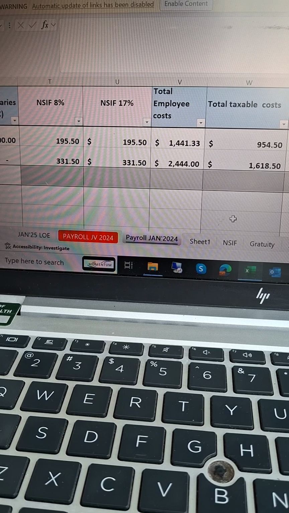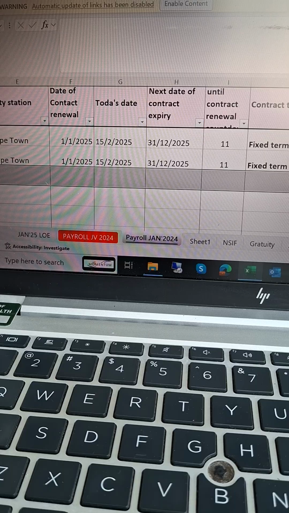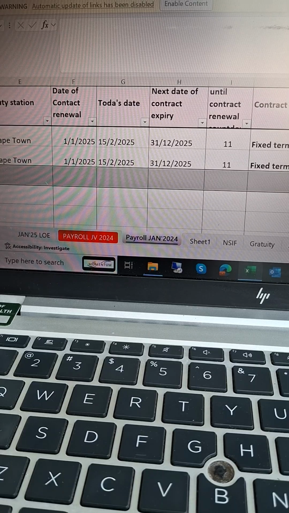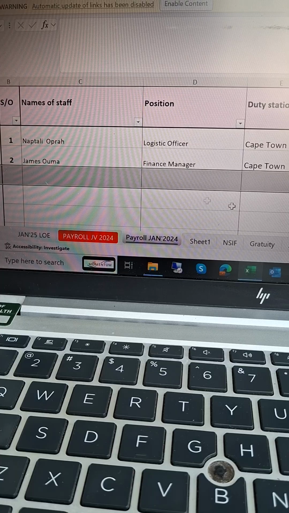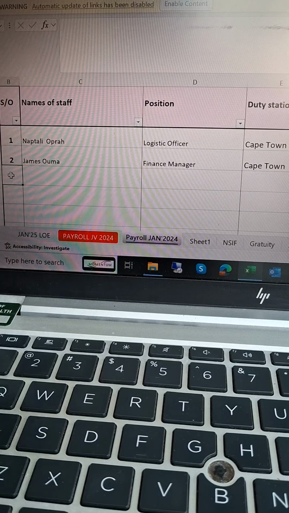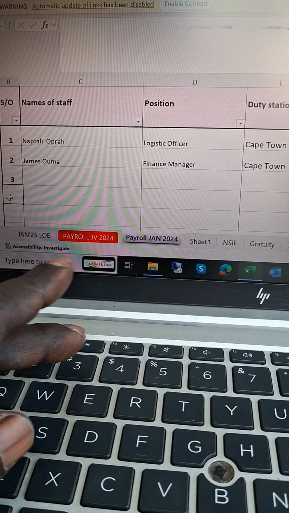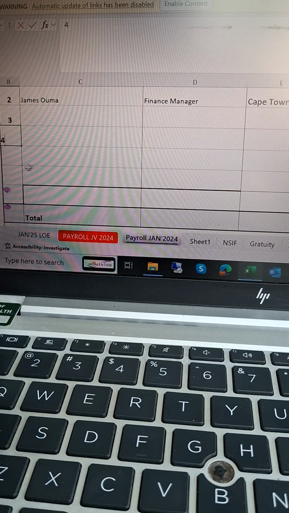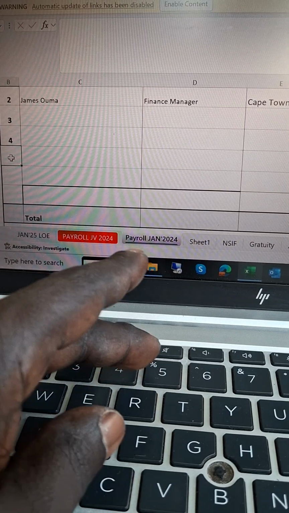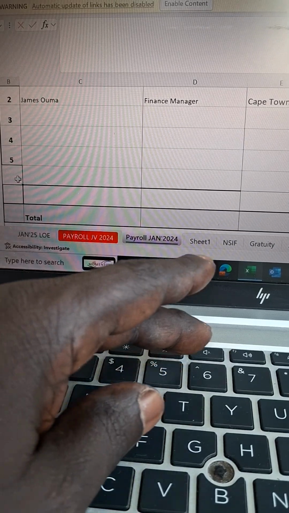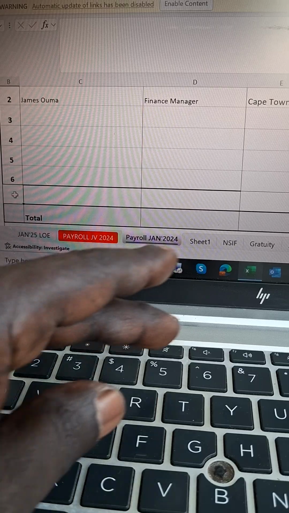When we are now doing the payroll computation for this person, we'll just pick the same thing. So let's continue building the payroll. Let's do the third person, fourth, fifth, sixth, seventh.